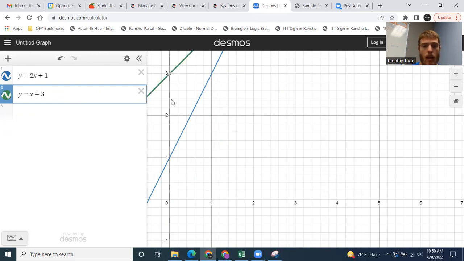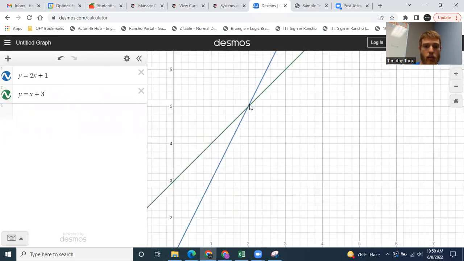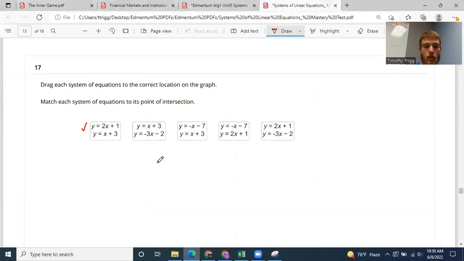And I can see exactly where these two lines cross. So in this one, for this first set, they cross at (2, 5). So I know this one's solution should be (2, 5). Now you would do the same for each of these and figure out where these two lines cross each other, and each of them should give you a solution.